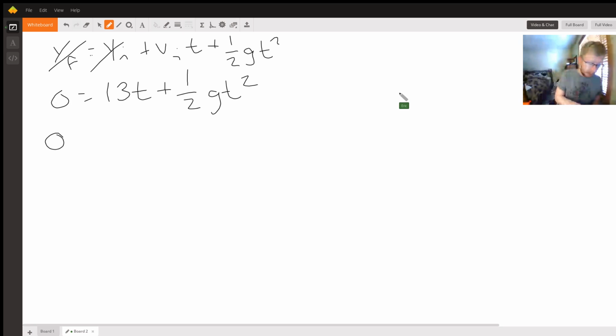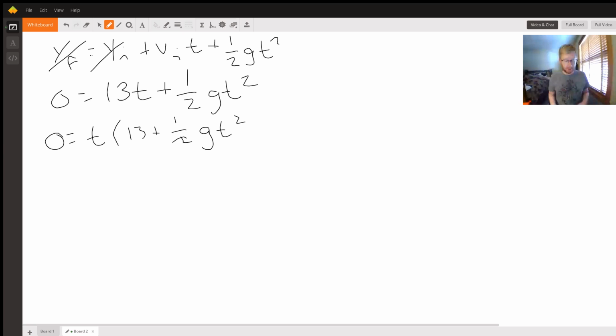So 0 equals t times 13 plus 1/2 gt. Sorry, not squared anymore. Pull that out. And both of these factors, recalling back to algebra, have to equal 0.